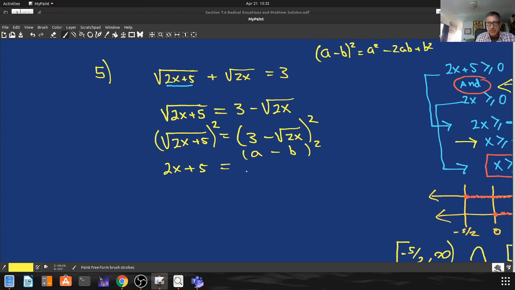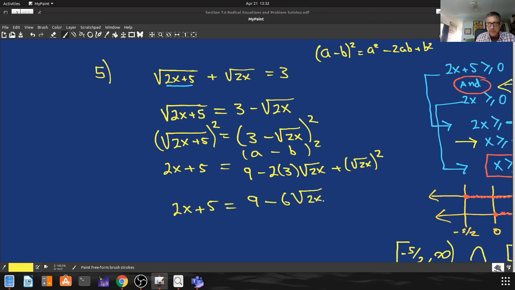So this is equal to 9, 3 squared, minus 2 times 3 times the square root of 2x plus the square root of 2x squared. So let's simplify. 2x plus 5, I'm not doing anything over there. This is 9, 2 times 3 is 6, times the square root of 2x, and the square root of 2x squared is 2x. Well, that's kind of nice, isn't it?